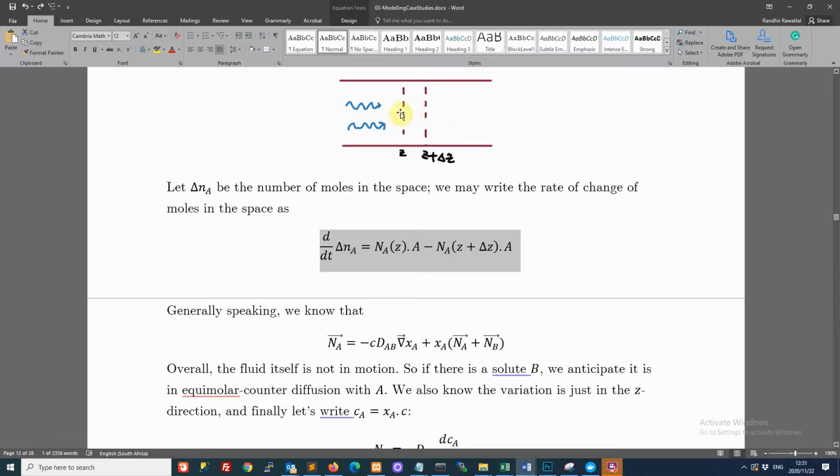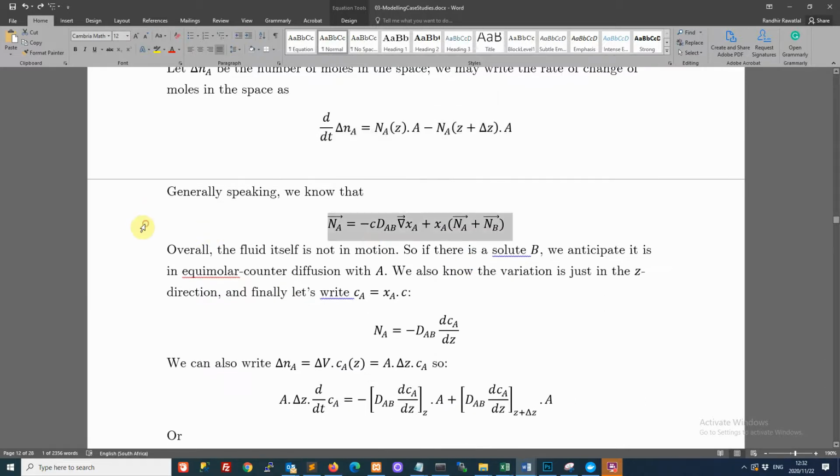Any flux at Z means we are fluxing into the space. So the flux at position Z times the area, that's the molar flow rate into our space. And then the flux at Z plus delta Z here times the area there, that's the molar flow rate out of the space. So the rate of change of moles in the space equals the flux times the area in here, and then the flux times the area out there.